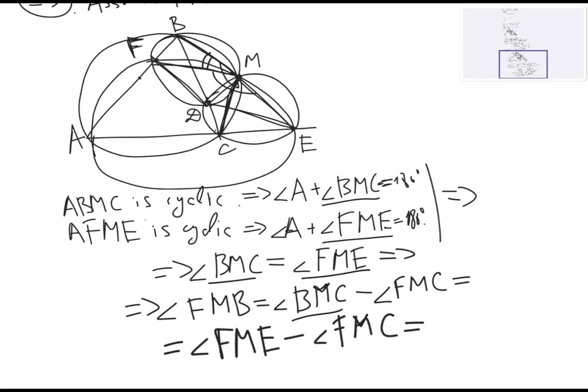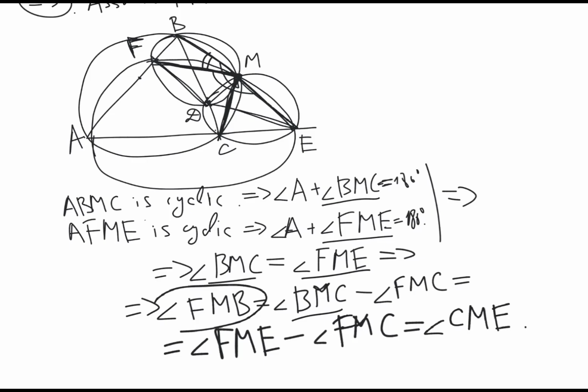And FME, this large angle, minus FMC, this is exactly the angle CME. So we conclude that FMB is equal to CME. So this angle is equal to this angle.